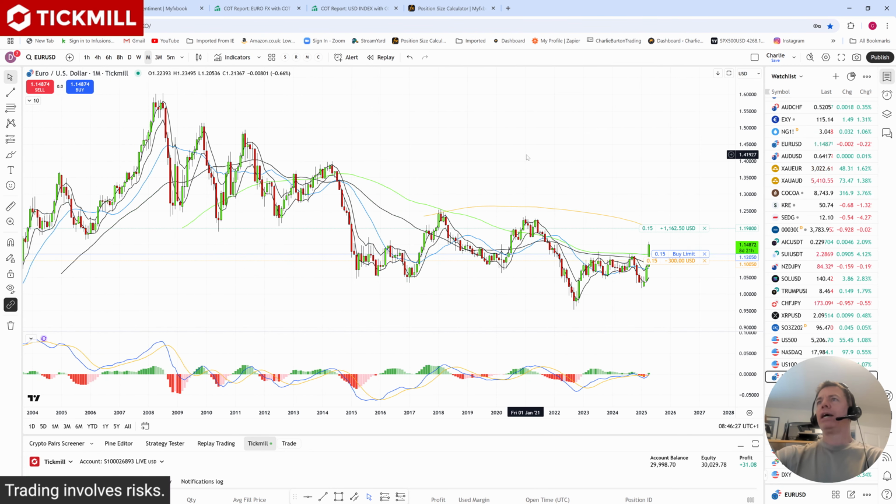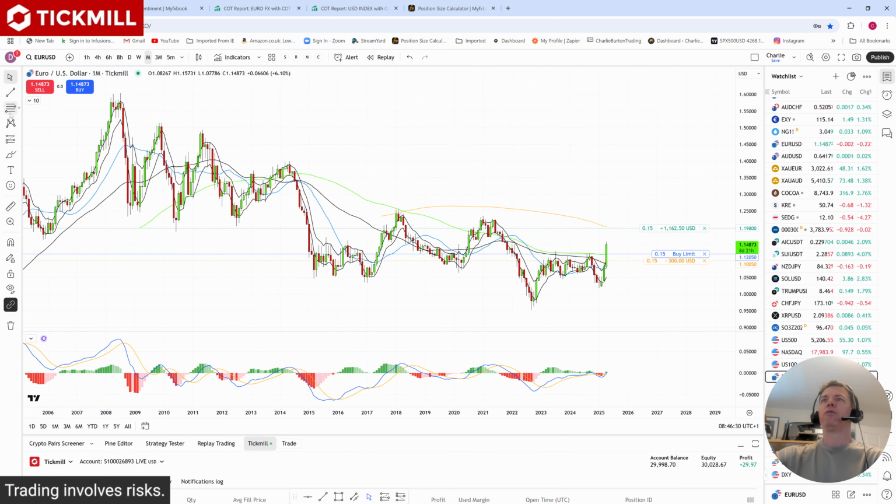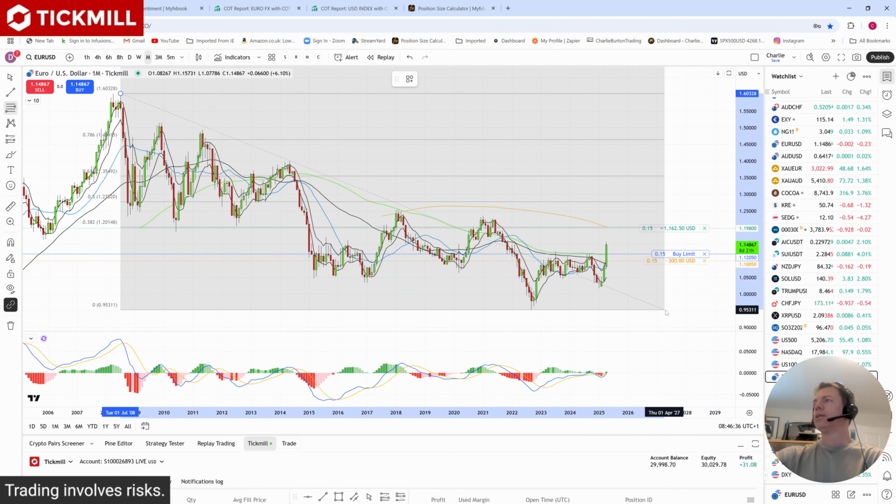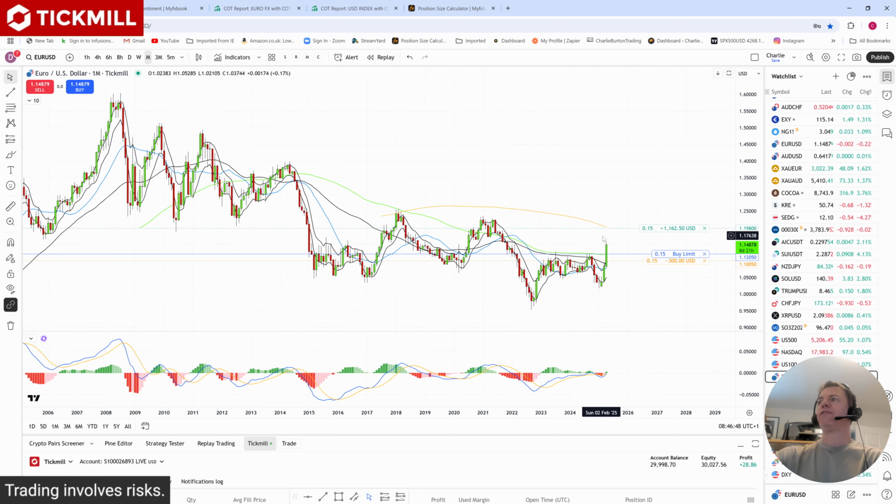If I do a fib retracement from the highs of 2008, and I take it down, a 38% retracement is about 120, just a bit above 120.